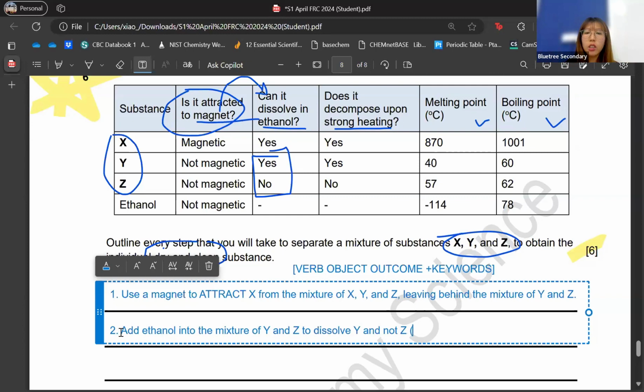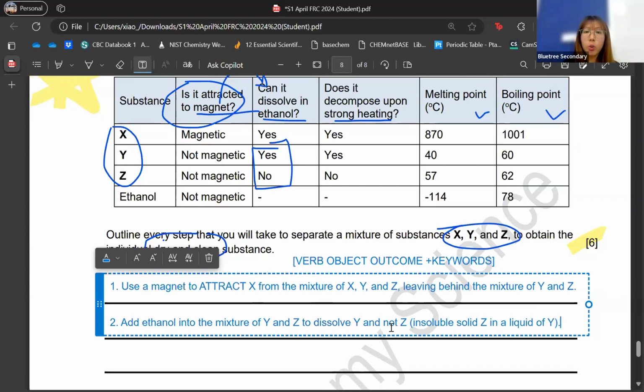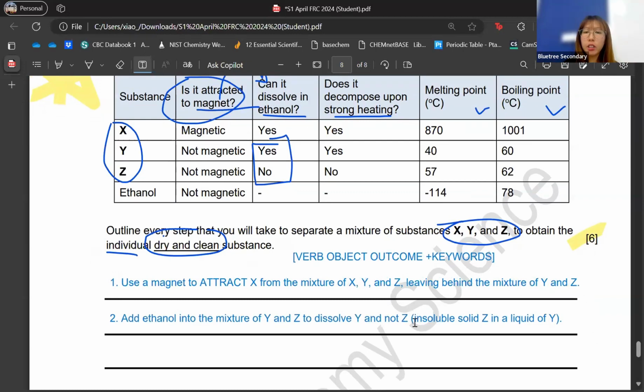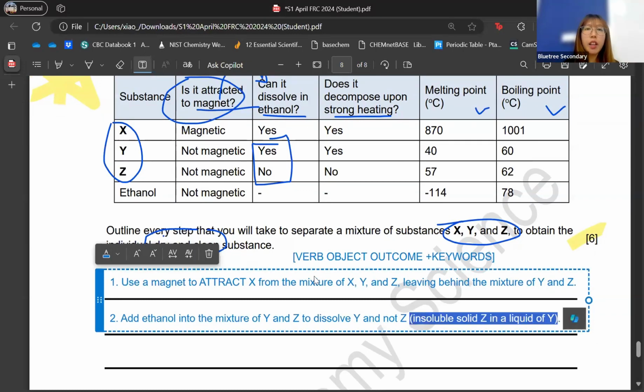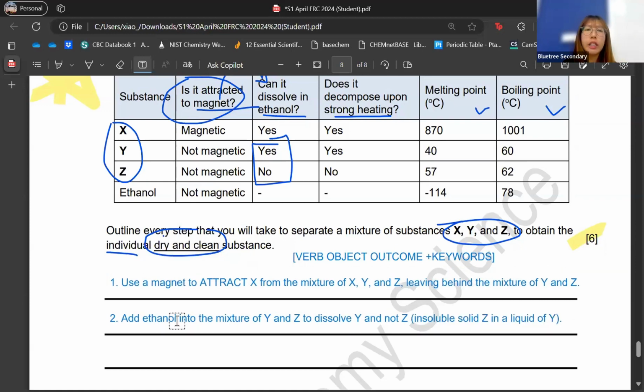If you notice, this is what we call an insoluble solid Z in a liquid or in a solution or liquid of Y. Okay, so when you manage to identify the type of mixture, remember earlier on, Teacher Bell mentioned, every time you have an insoluble solid in a liquid mixture, the next step to do this separation is only this method called filtration.